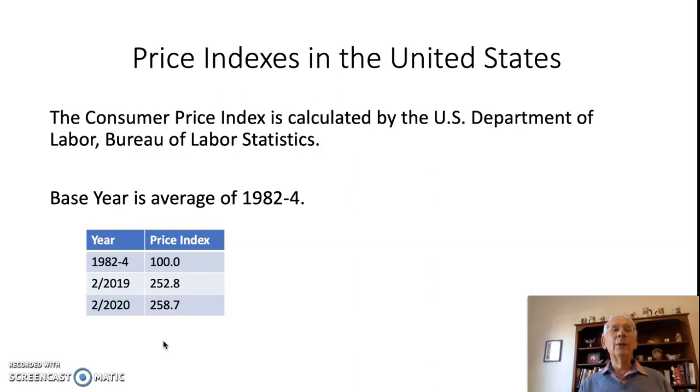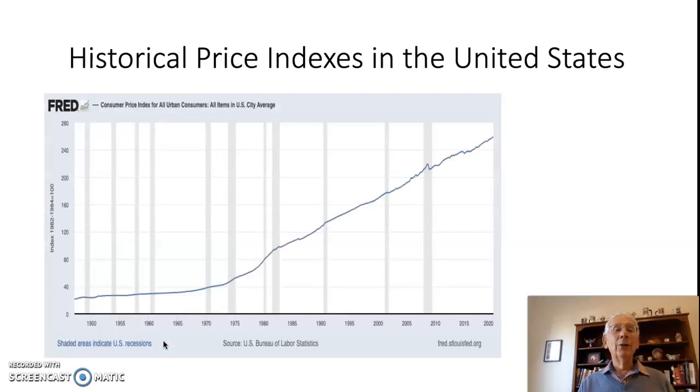Now, as you watch some of the videos from Marginal Revolution, I steal some of their videos. We'll even be using one as we talk about prices and inflation. They keep on mentioning FRED, the Federal Reserve data link. And if you go there, you can actually see what the Consumer Price Index looks like for the United States.